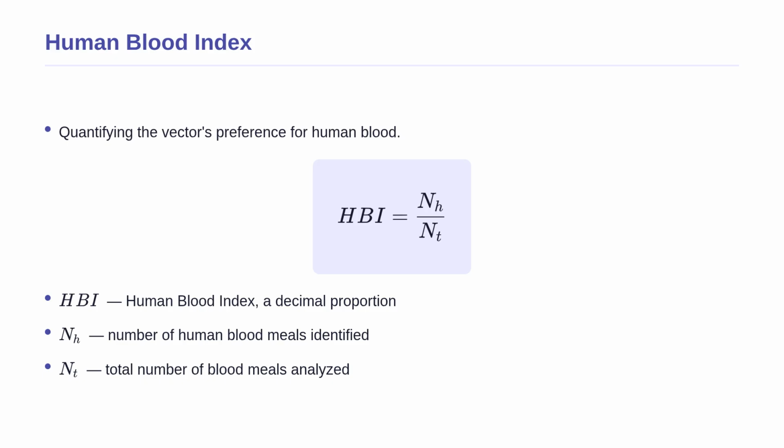NH represents the number of insect blood meals specifically identified as human blood through laboratory testing. NT represents the total number of blood meals analyzed from that insect population, regardless of the animal source. If the value of NH increases while NT stays the same, the human blood index increases, meaning the insect is becoming much more dangerous to humans.